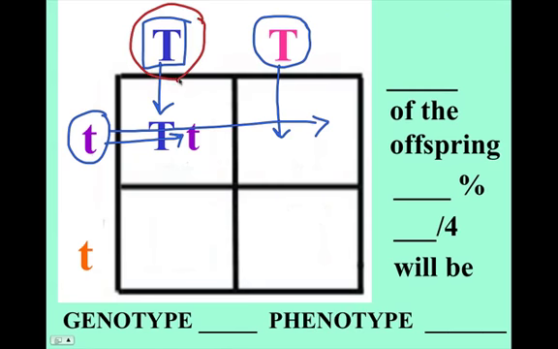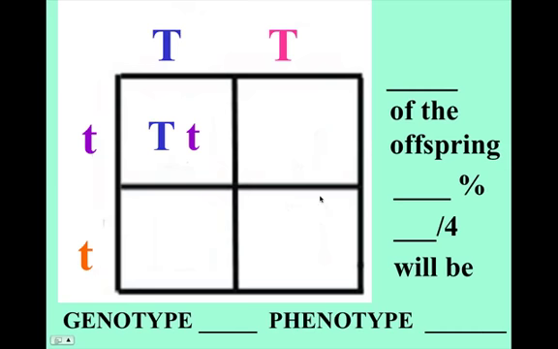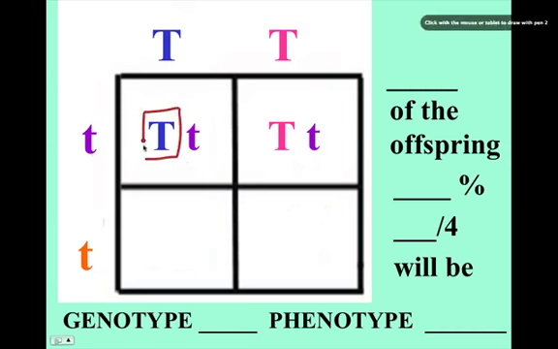This T goes down, this T goes over. This T goes down, this T goes over. One thing that you need to remember is that you always put the dominant letter first.